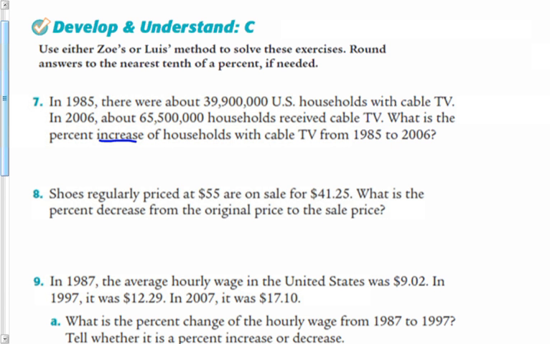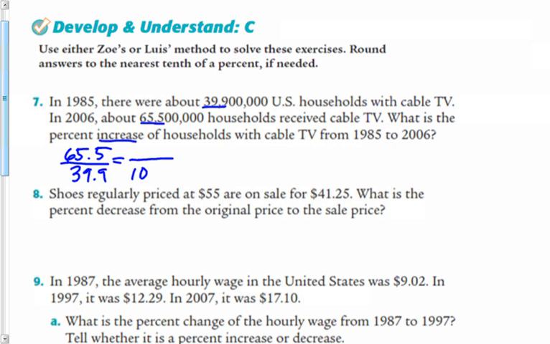Okay, so what we're going to do here is look at these two numbers as a percent. What we're talking about is what percent is 65.5 million compared to the original number, 39.9 million. I can just set this up as 65.5 is my part, and 39.9, now I'm doing these in millions, is my whole.